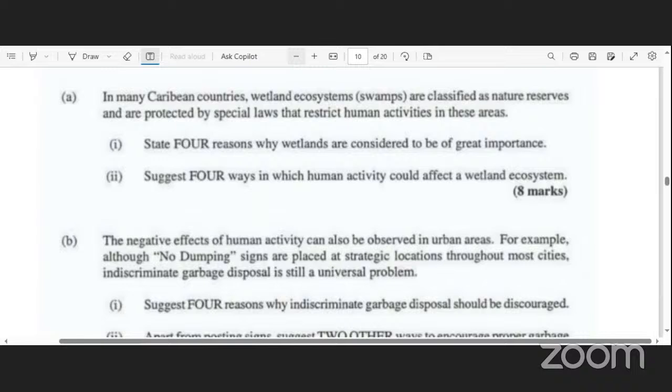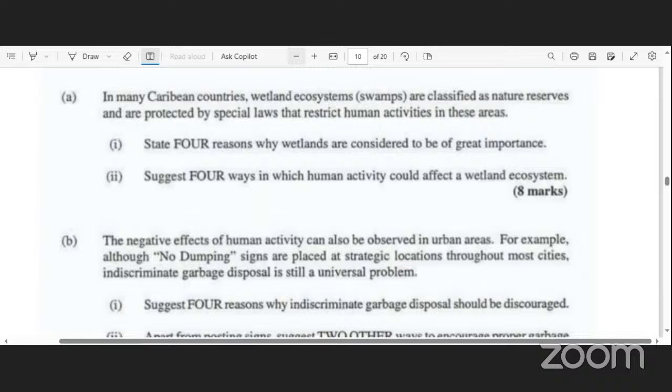So it's important as a breeding ground. Like salmon, oftentimes they return to the river to lay eggs and then they move back over to salt water. So you have a lot of different organisms that go to wetlands in order to lay eggs.